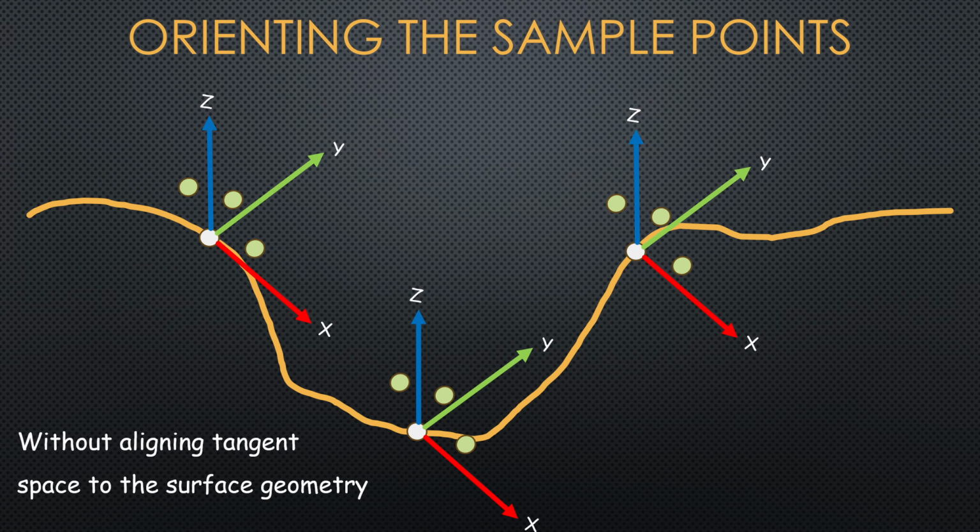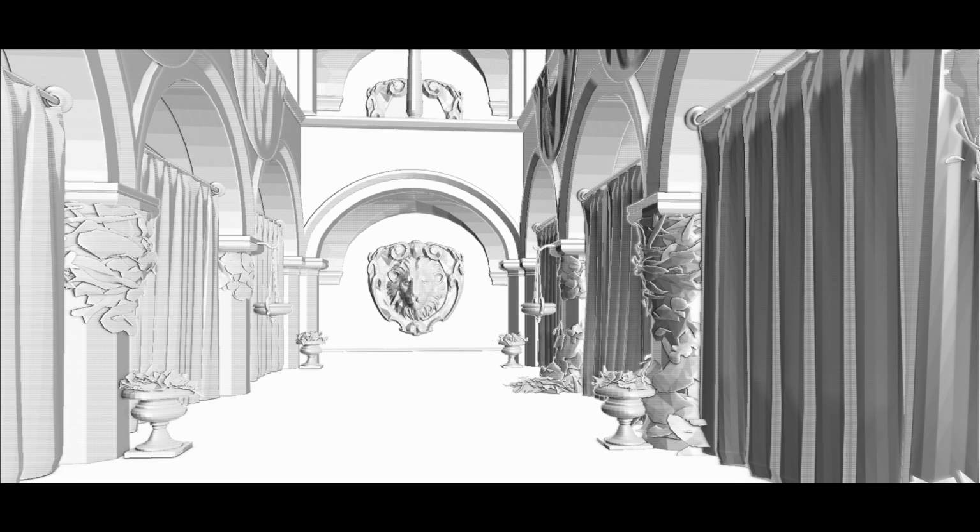If the hemisphere always points in the same direction, the occlusion will seem to be detached from the actual geometry. For example, the floor here is getting some occlusion, where it shouldn't, whereas the wall in the back is not. We expect both elements to have the same level of occlusion.